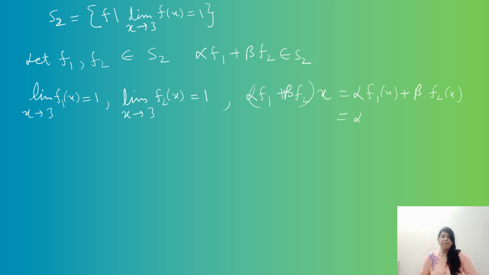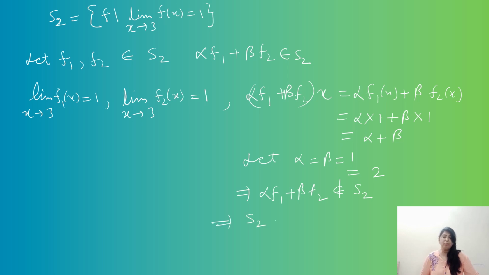So alpha times 1 plus beta times 1 is equal to alpha plus beta. So let alpha and beta be equal to 1. So we are getting the answer as 2. So this implies alpha f1 plus beta f2 doesn't belong to S2. So S2 is not a vector space.